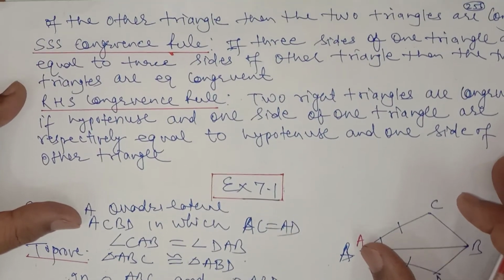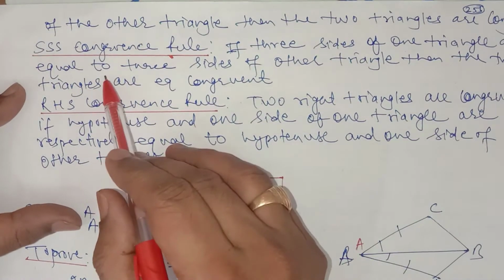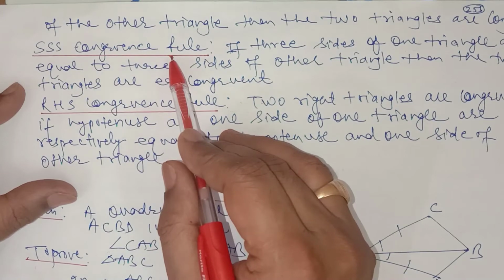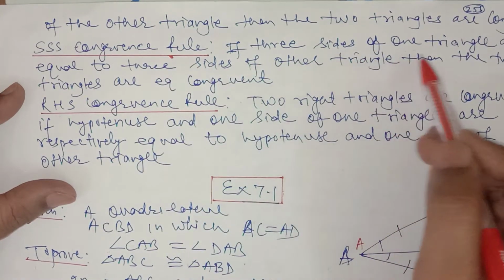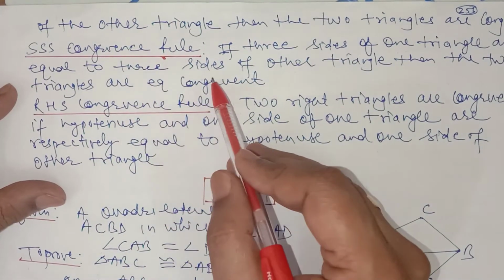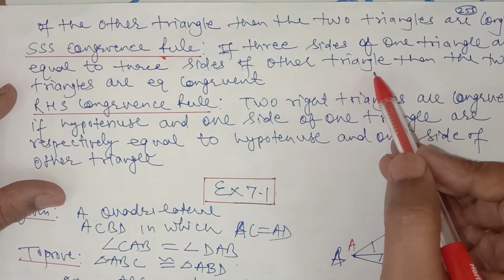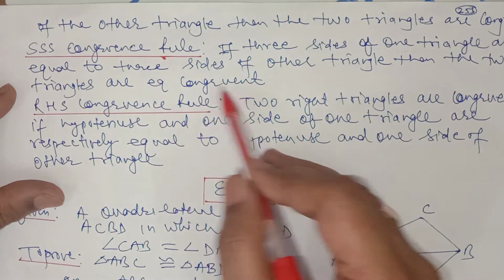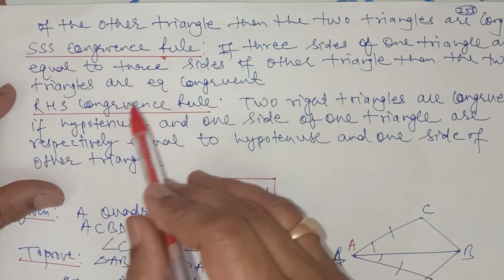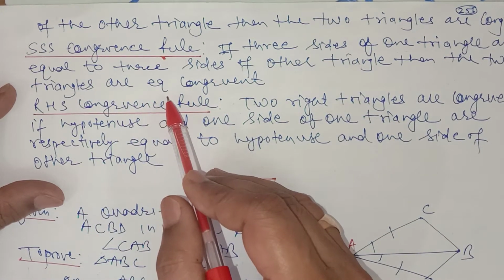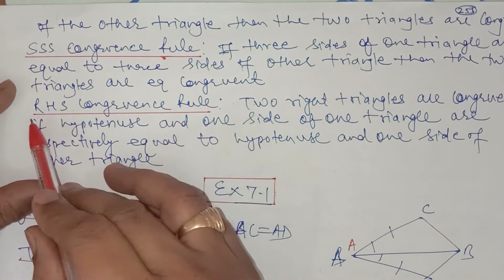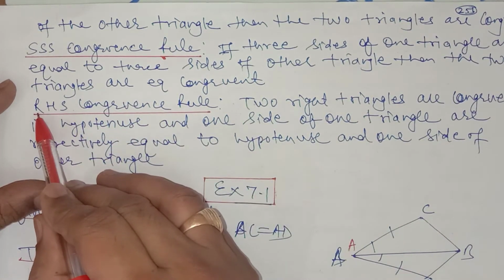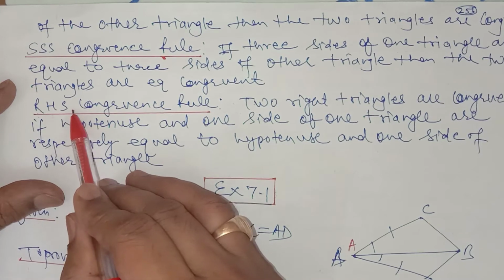Now after that we have the SSS Congruence Rule. If three sides of one triangle are equal to the three sides of another triangle, then the two triangles are congruent by this SSS Congruence Rule. Now RHS Congruence Rule means right angle, hypotenuse and a side of a triangle.